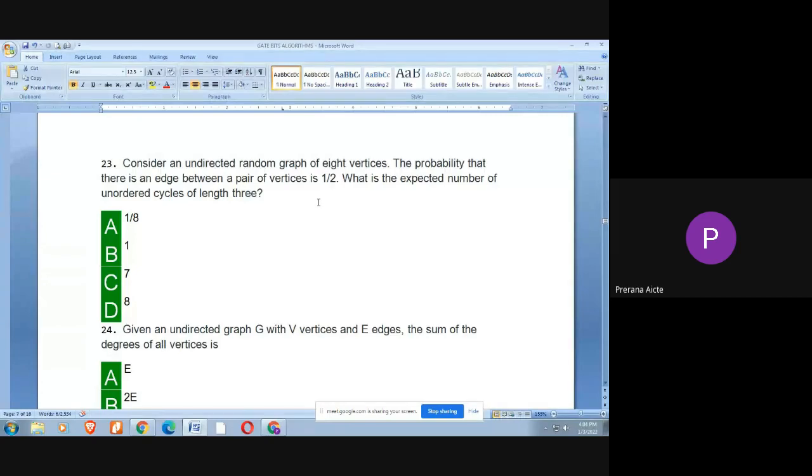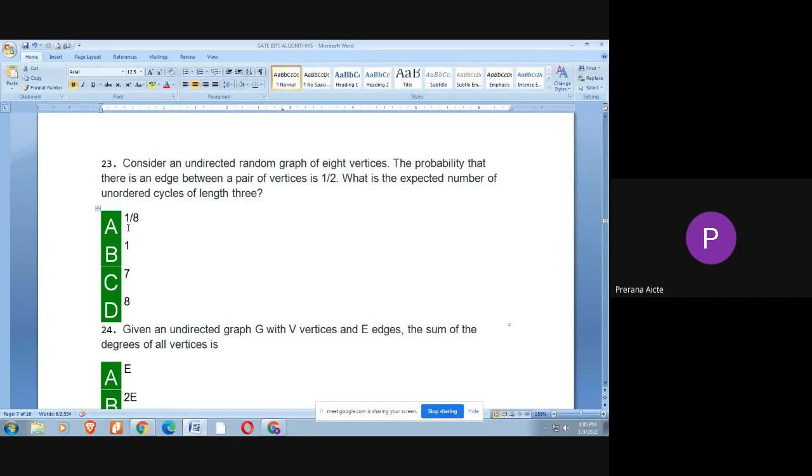Now coming to the next one. Consider an undirected random graph of 8 vertices. The probability that there is an edge between a pair of vertices is 1/2. What is the expected number of unordered cycles of length 3? A cycle of length 3 can be formed with 3 vertices. So there may be a total of 8C3 ways to pick 3 vertices.